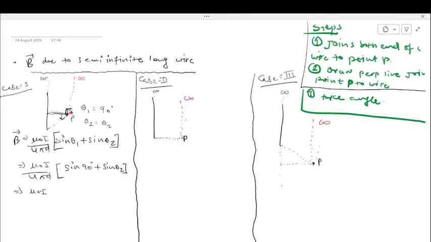The final formula is mu naught I upon 4 pi d (1 plus sin theta 2), and this is the formula.